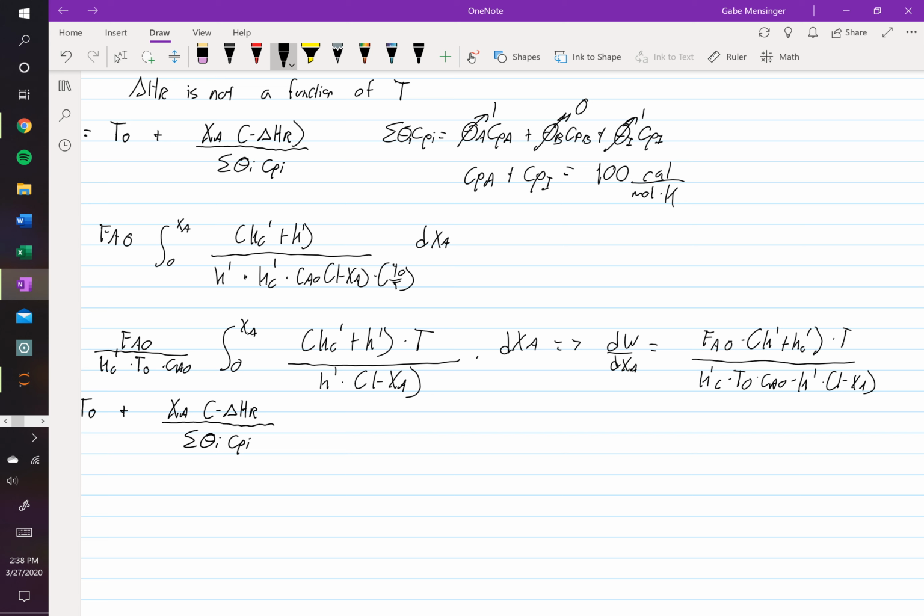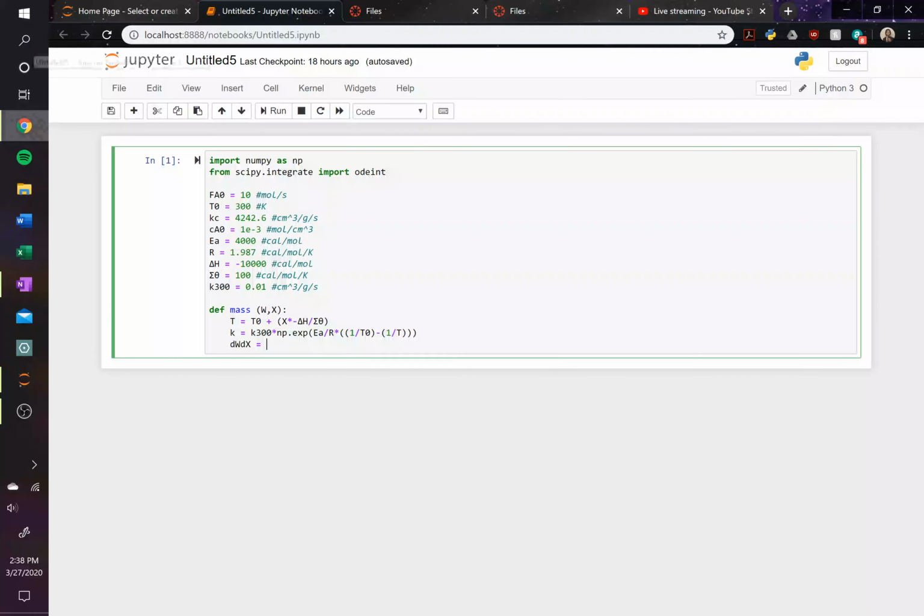And that's what I'm going to plug in for my mass balance equation.